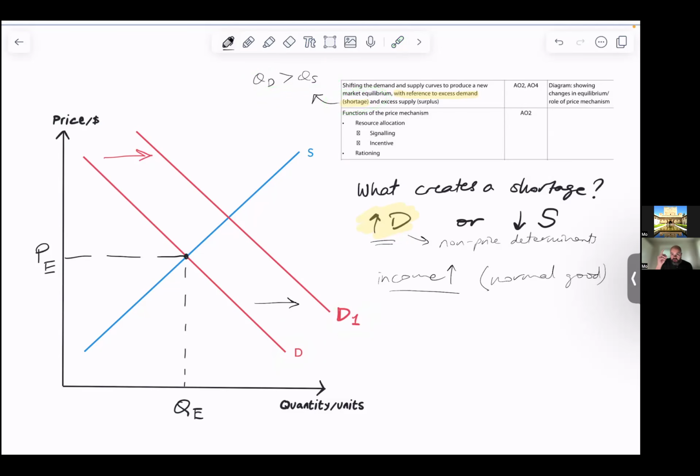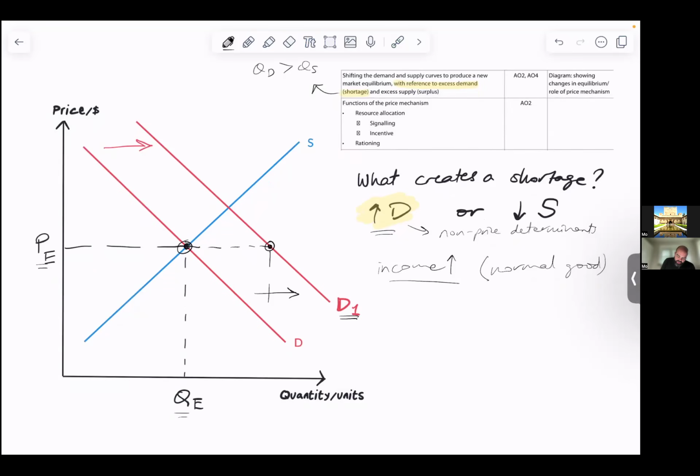Fabulous. So what you need to do is go back to the original equilibrium, PE and QE. And then you need to extend the dotted line until you intersect the new demand curve D1. That new point is the new quantity demanded.